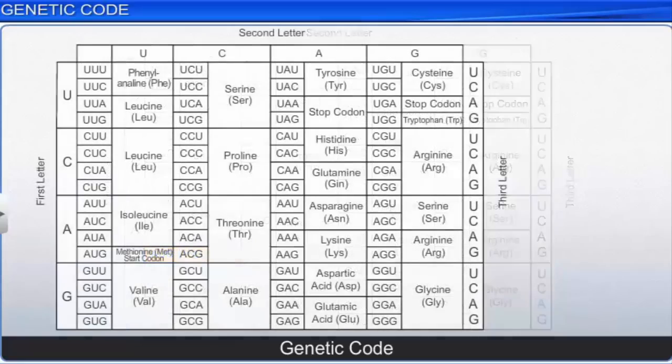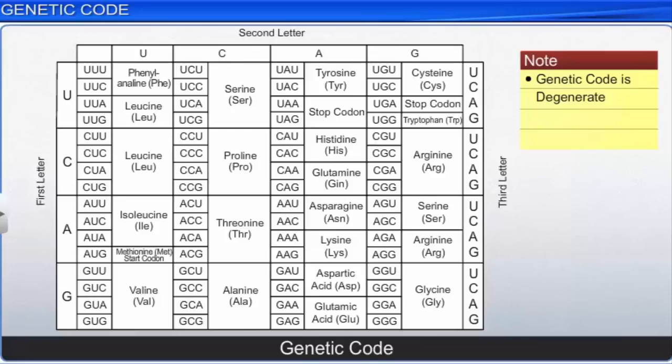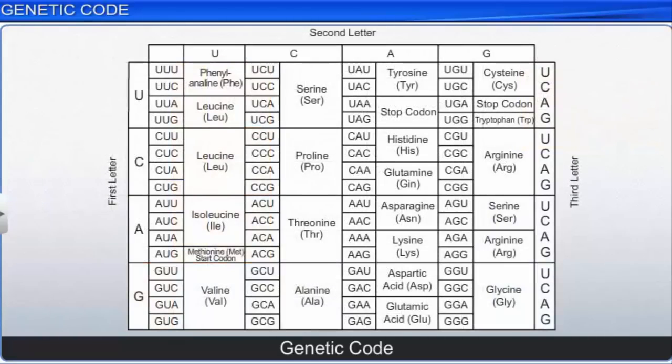The genetic code is also degenerate, which means that many different codons encode a particular amino acid. Take the case of serine, which is coded by 6 different codons including UCU, UCC, UCA, UCG, AGU, and AGC.